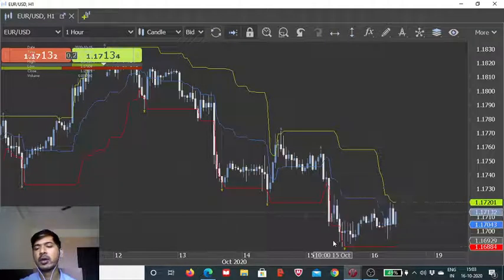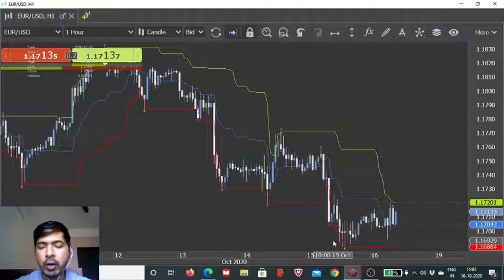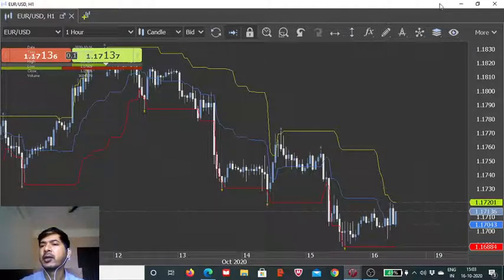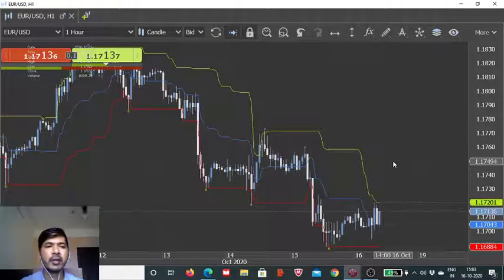If you want to work with the closing basis, the highest closing value or the lowest closing value, and take that as the channel value, the upper band or the lower band, you can do that also.